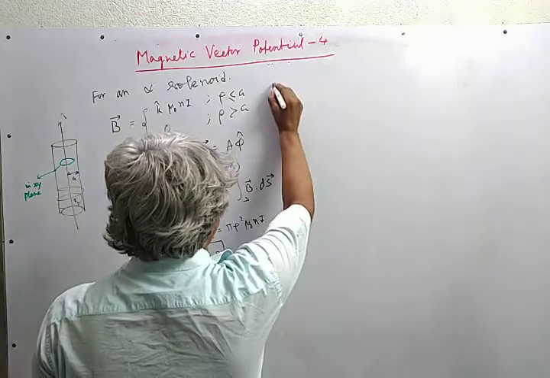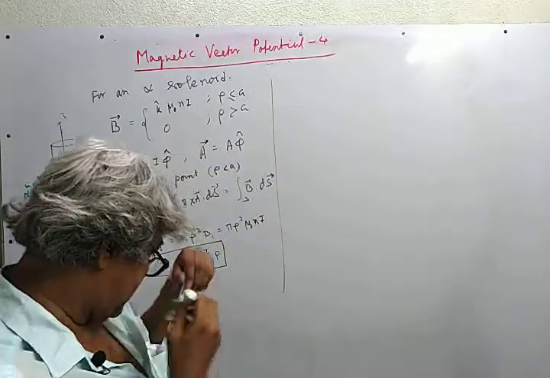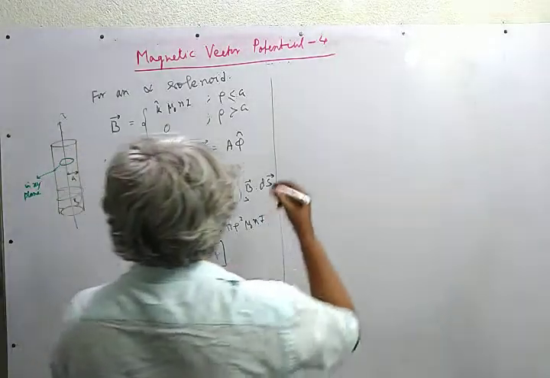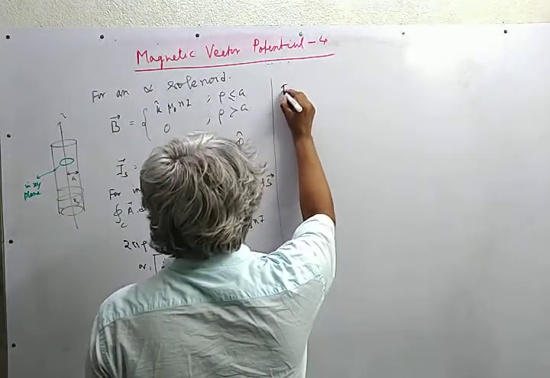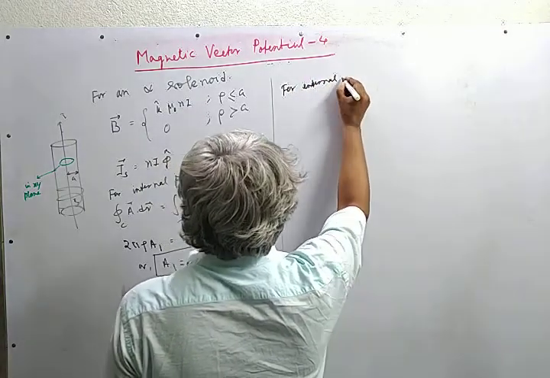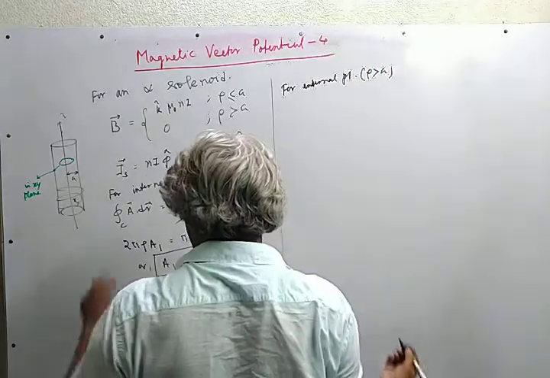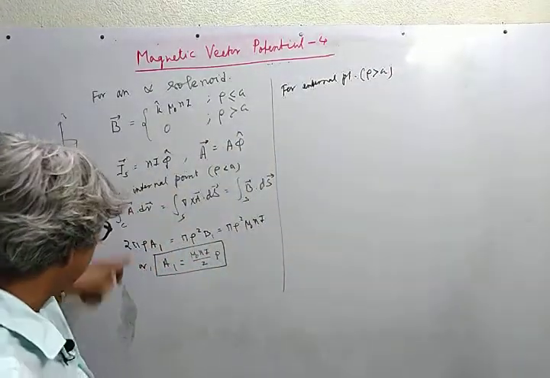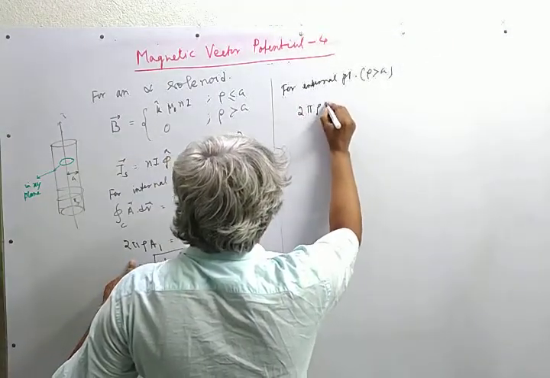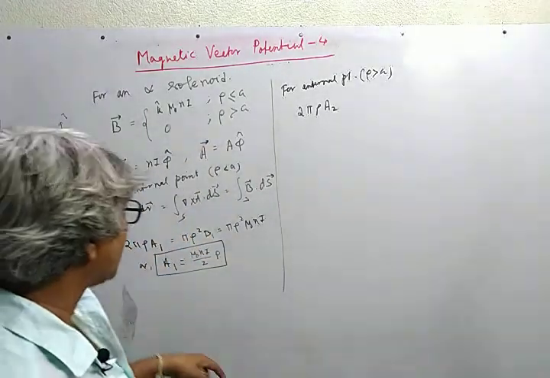For an external point, that is, if we consider a point lying outside the solenoid, rho is greater than A, and using a similar approach, we get on the left hand side 2 pi rho A2, where A2 is the vector potential outside.